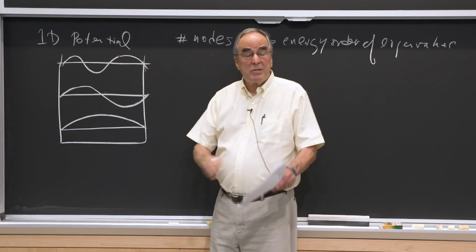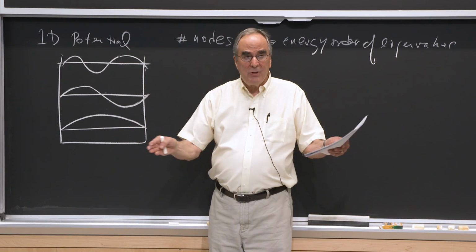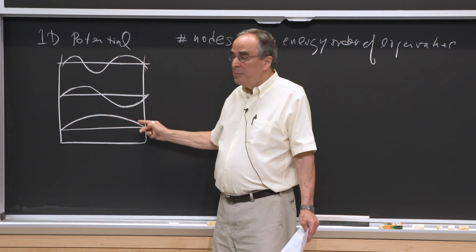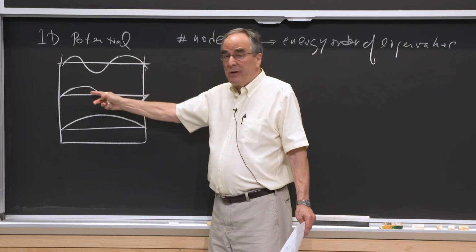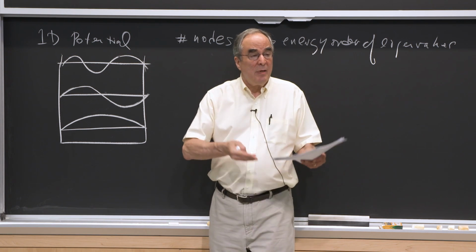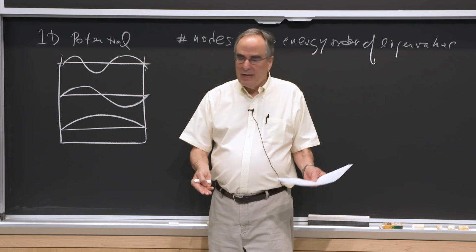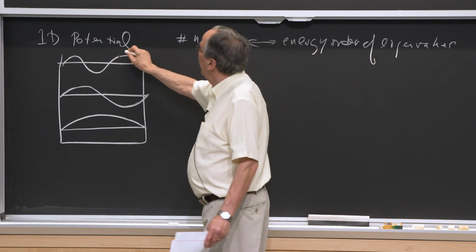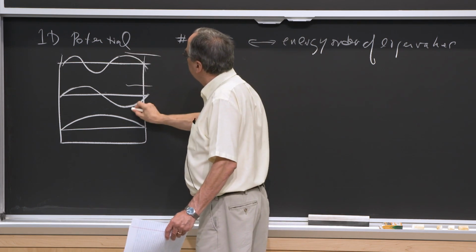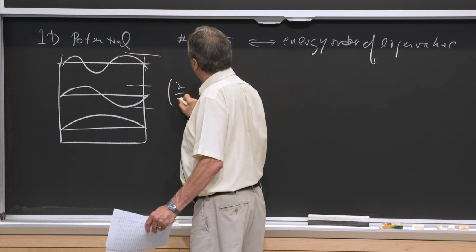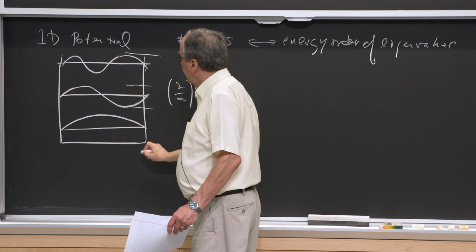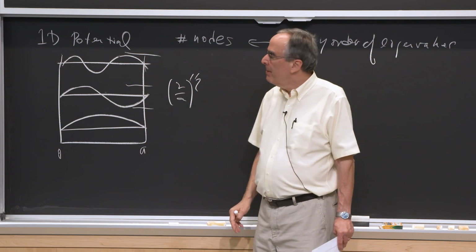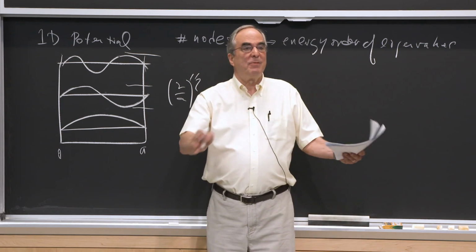The nodes are symmetrically arranged in the space available, and the lobes on one side of the node and the other side have the same amplitude, different sign, and they're all normalized, and so the maximum value for each of these is the square root of 2 over a, where the box goes from 0 to a. So that's a fantastic simplification.